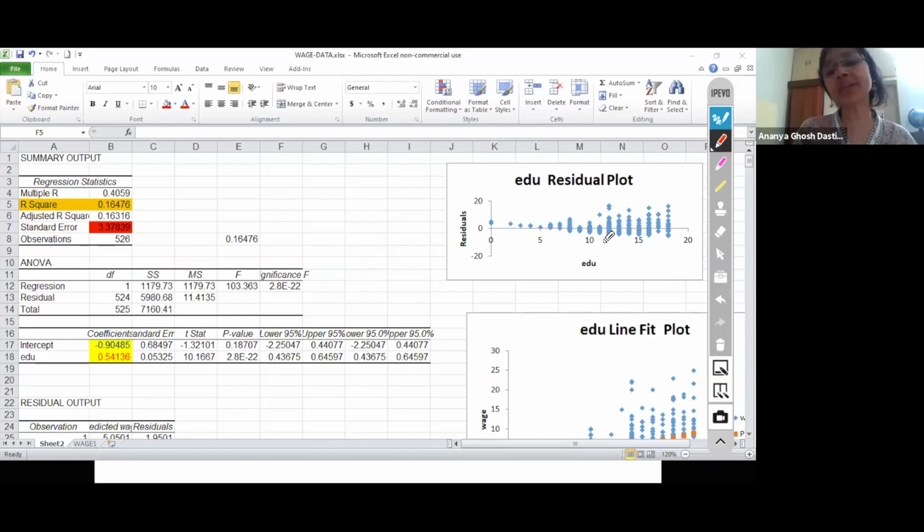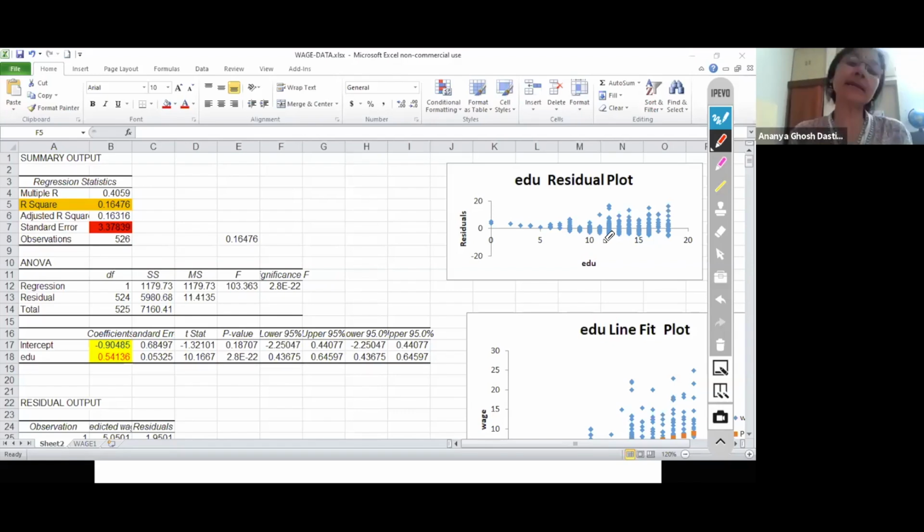The residual variance is basically a way of estimating the error variance. We call the error variance sigma square, and we use the residual variance to calculate sigma hat square. I will discuss the formula after the break.